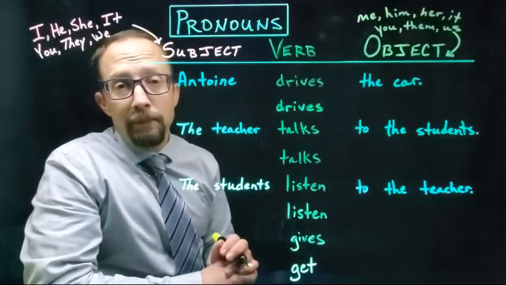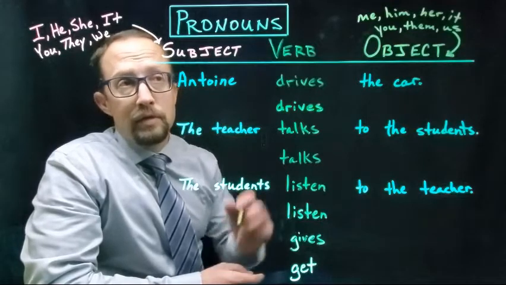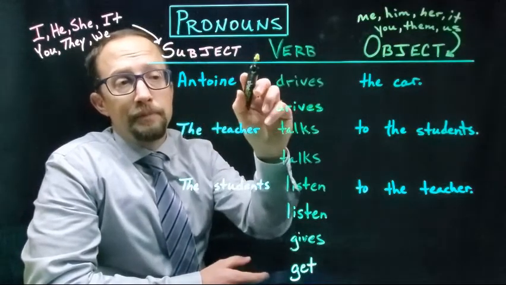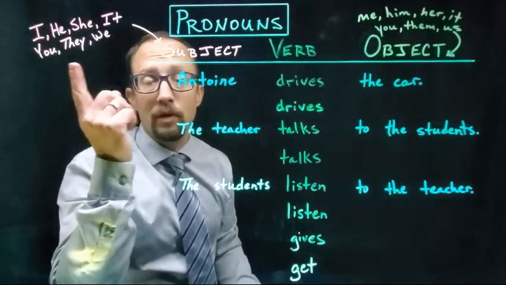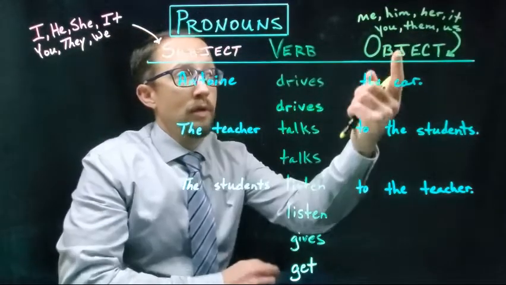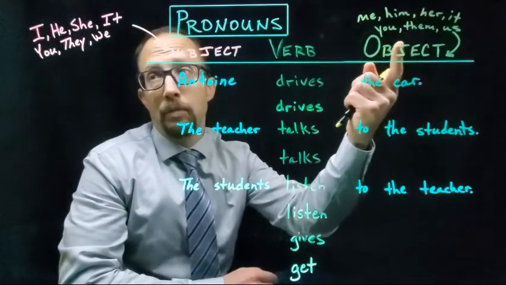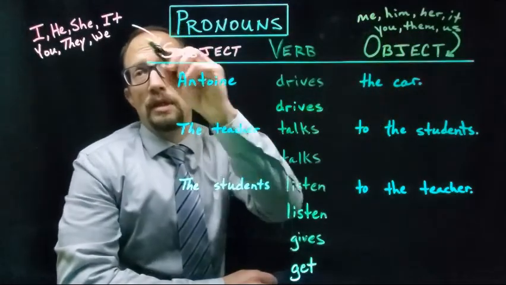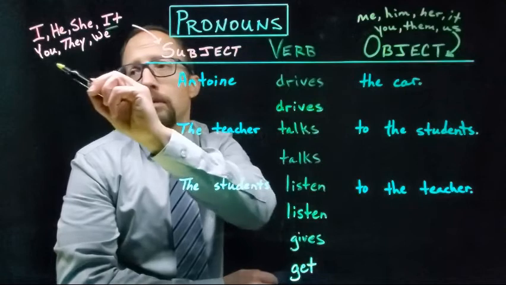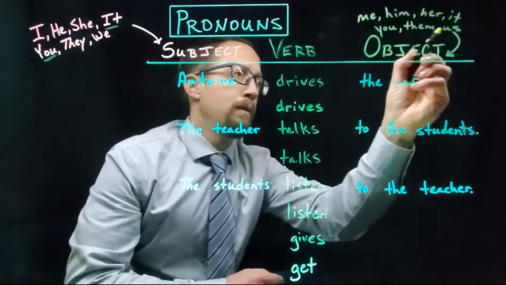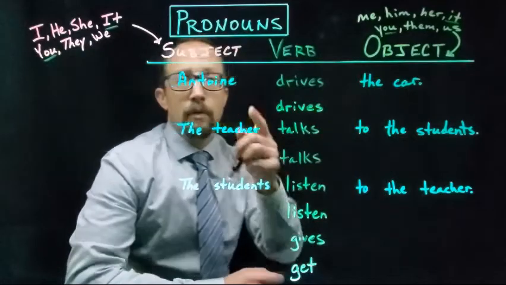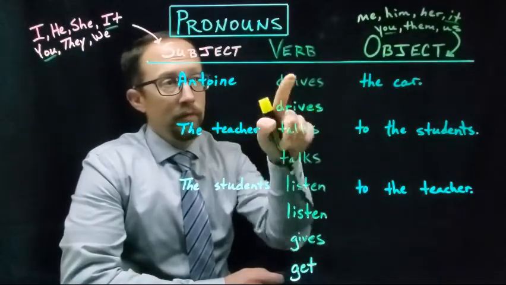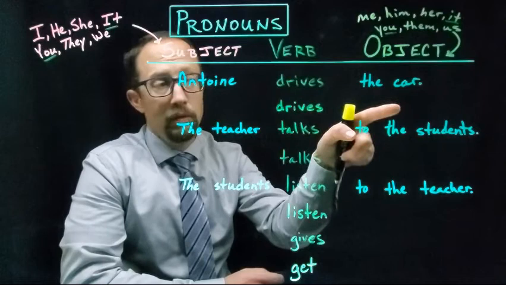Let's look at some example sentences with pronouns. First, remember, these are our subject pronouns. These are our object pronouns. You can see it and you are the same. Okay? Subject you use on this side of the verb. Object you use on this side.